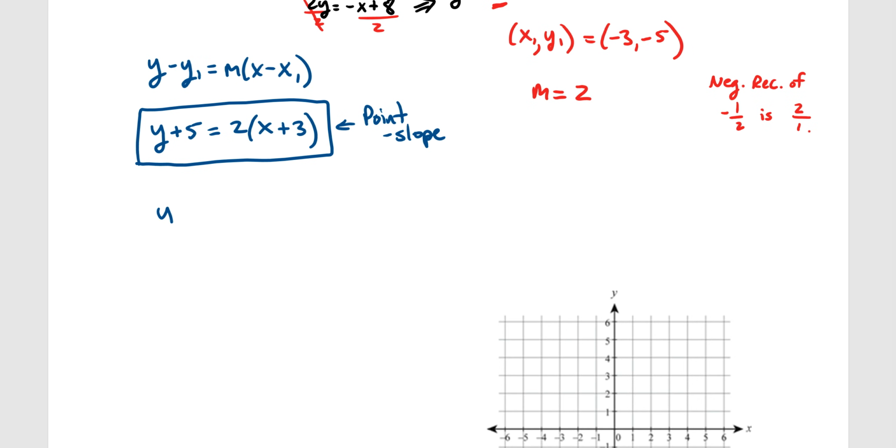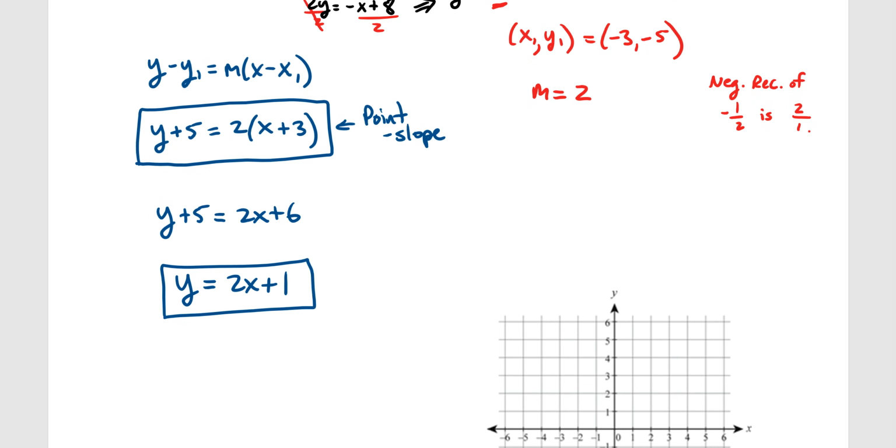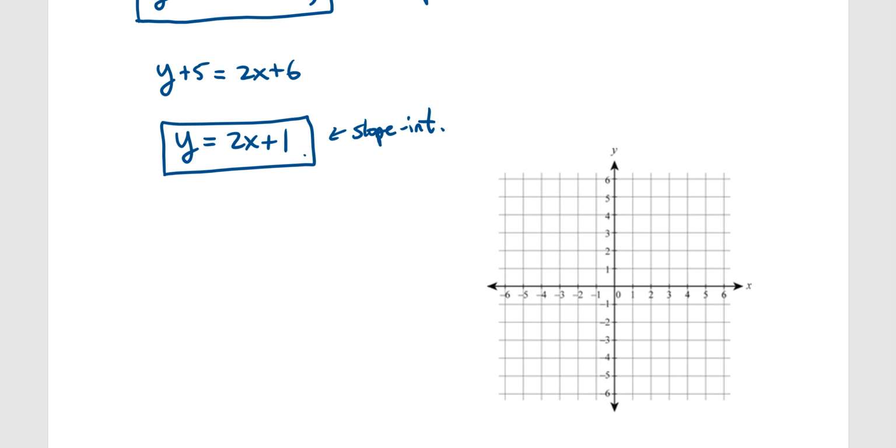Solve this for y by distributing the 2, 2x plus 6, subtract 5 on both sides. We get 6 minus 5, 2x plus 1. And this is our slope-intercept form.